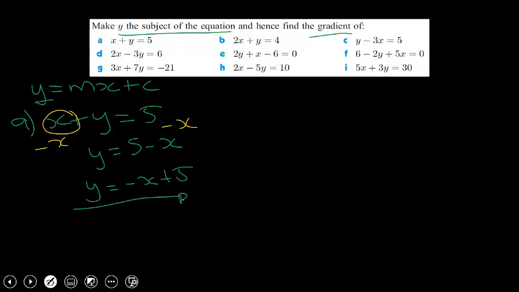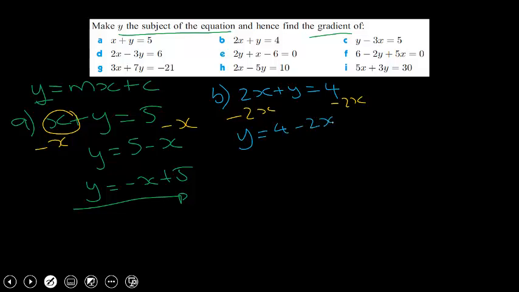That's the answer for A. For question B, we have 2x plus y equals 4. Let's move the 2x to the other side. Y equals 4 minus 2x. Let's swap the 4 and the 2x. Y equals minus 2x plus 4.